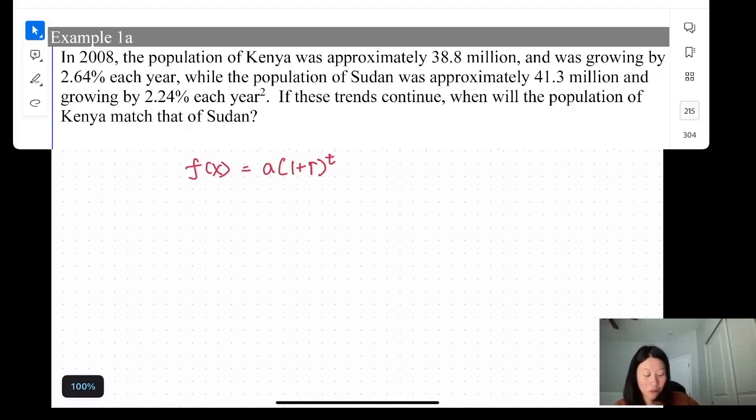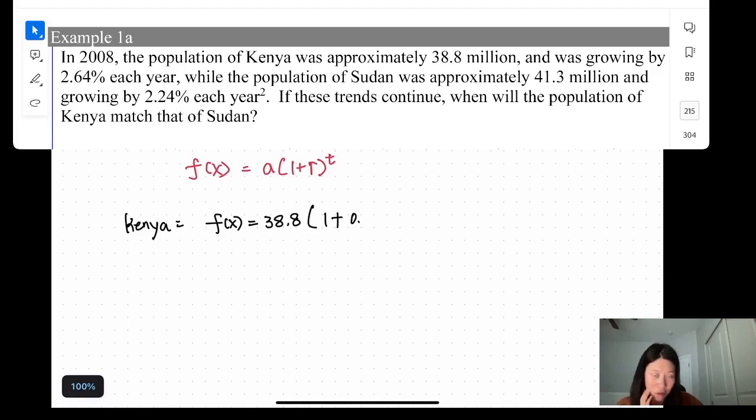So the model for Kenya is going to look like, with the initial value 13.8 million times 1 plus the growth rate.